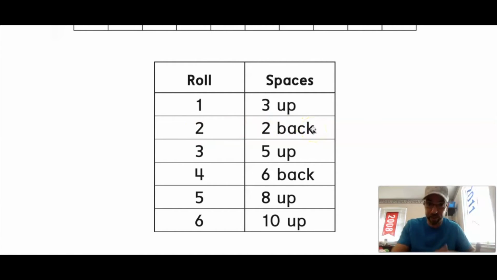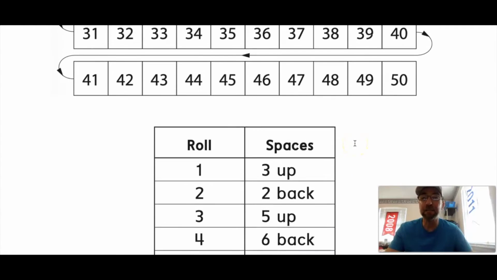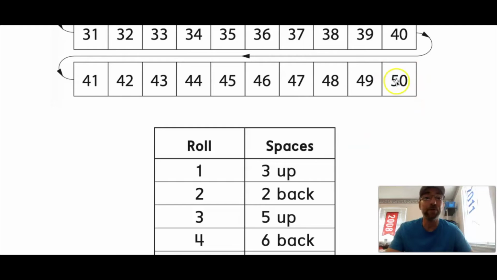I'm heading towards 0. If I roll a 3, 5 spaces up. If I roll a 4, 6 spaces back. If I roll a 5, 8 spaces up. And if I roll a 6, 10 spaces up. The winner of the game is the first player to either get to 50 or pass 50.